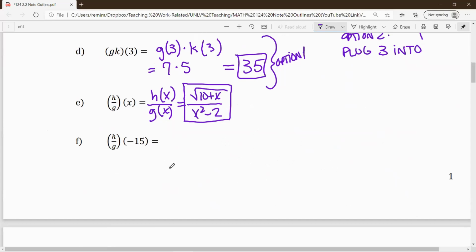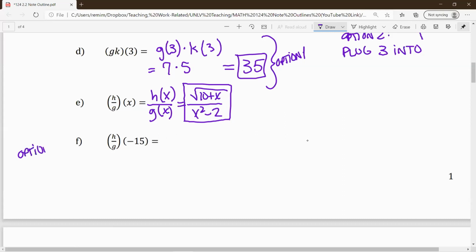All right, part F, we have h over g of negative 15. So the only difference between E and F is that instead of x's, we're going to replace the x's with negative 15. And I'm actually going to do this by using option 2 this time.